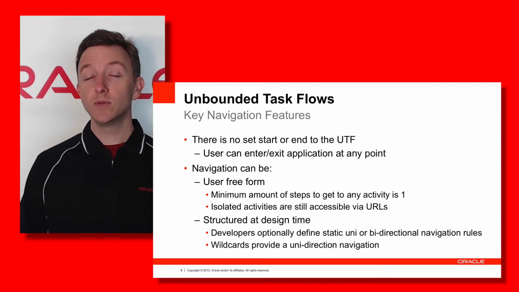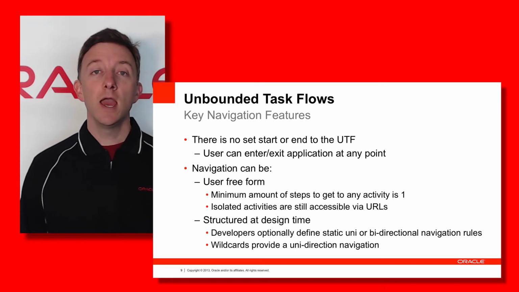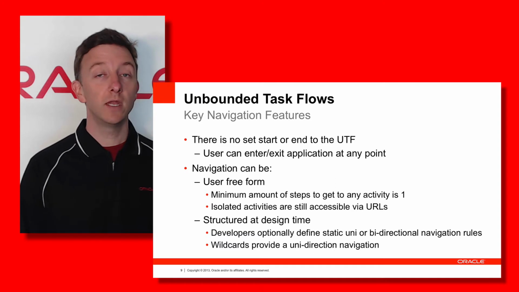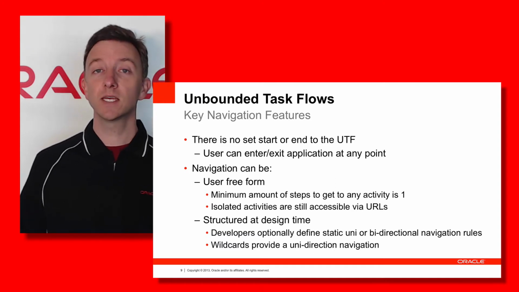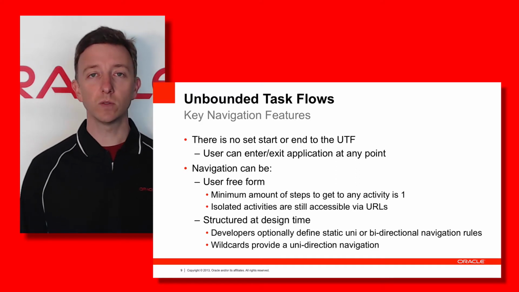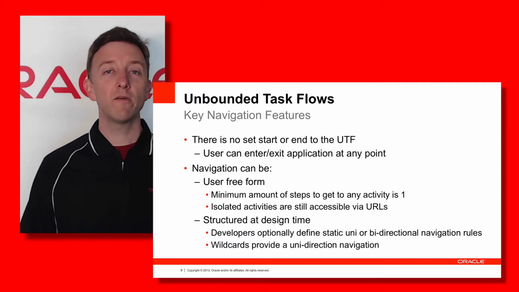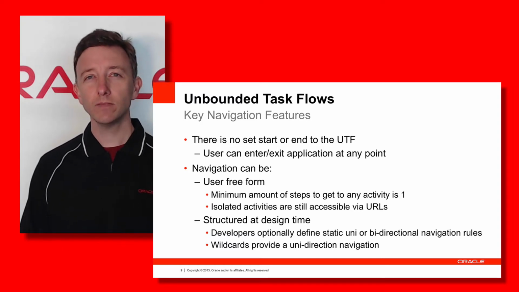But if the user happens to have the bookmark URL of the second activity, if they've left the application and then in their browser they hit the URL of the second activity, they can bypass the first activity altogether. This is the point of unbounded task flows. It's all about free-form navigation.